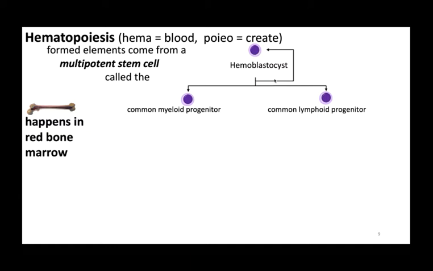If I'm a red blood cell, I share a common myeloid progenitor with the megakaryocyte, for example. But you've got these two main stem cell types after the hemocytoblast, either the myeloid line or the lymphoid line.